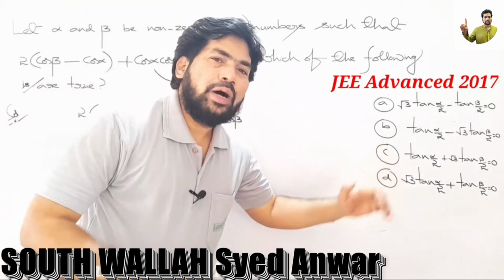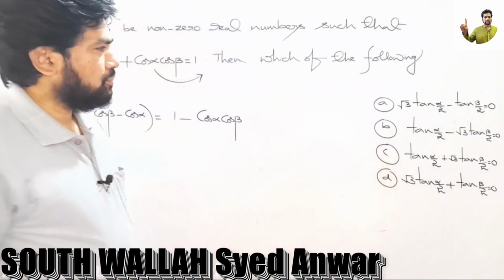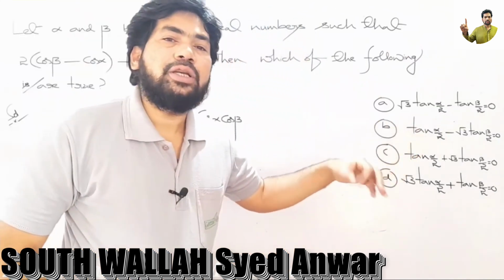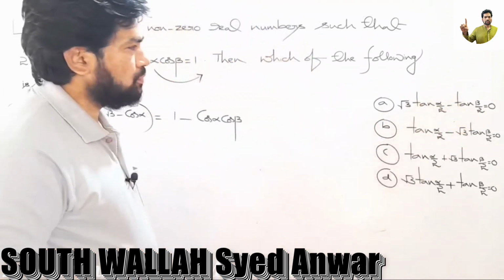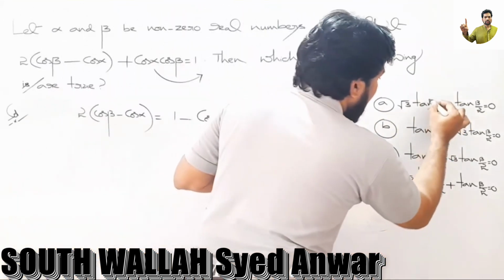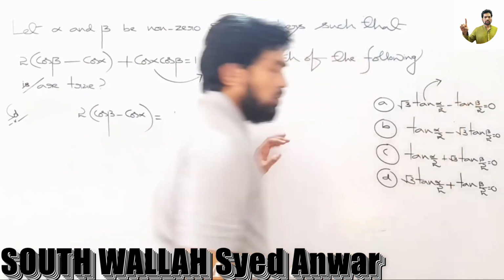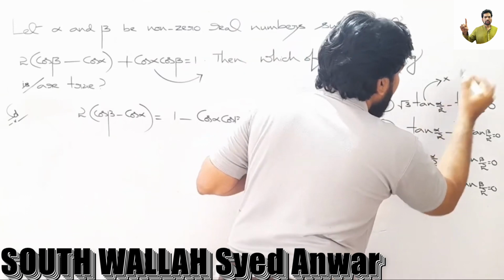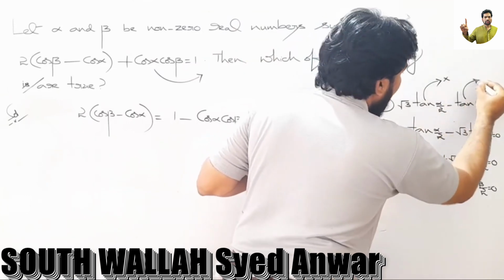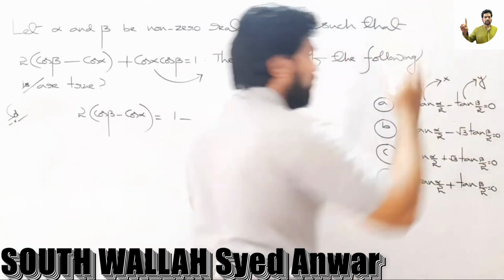If you observe the options clearly, each and every option is in terms of tan alpha by 2 and tan beta by 2. That means in place of tan alpha by 2, I want to introduce x. In place of tan beta by 2, I would like to introduce y.